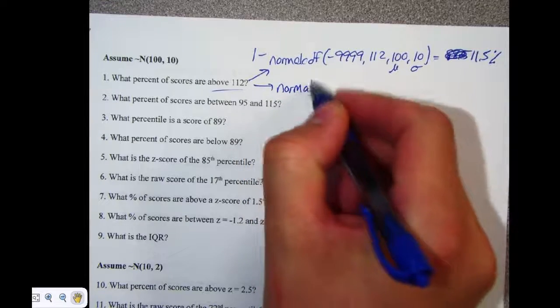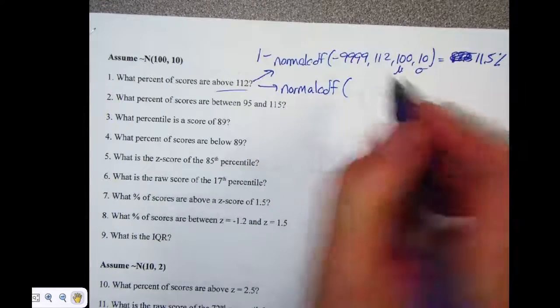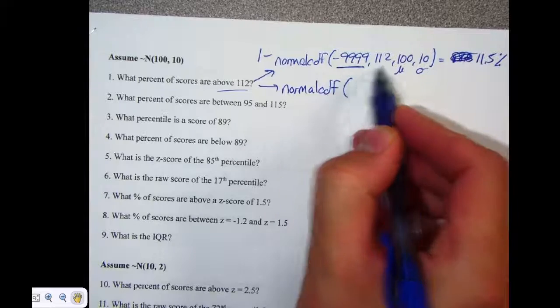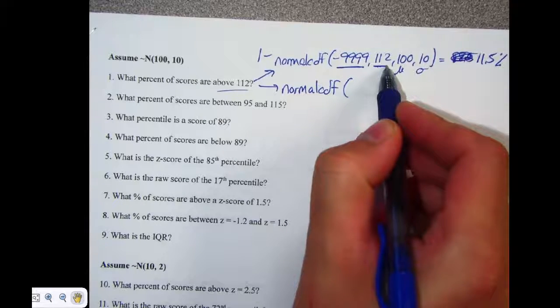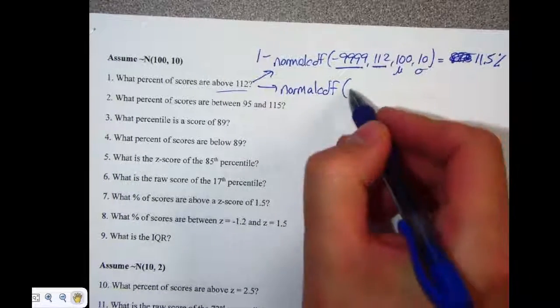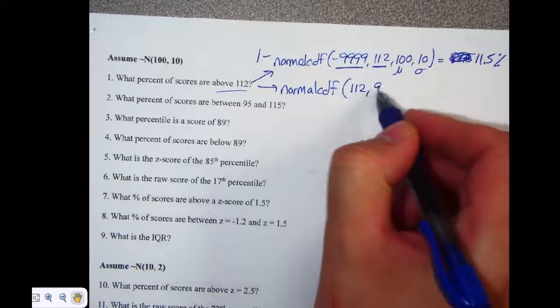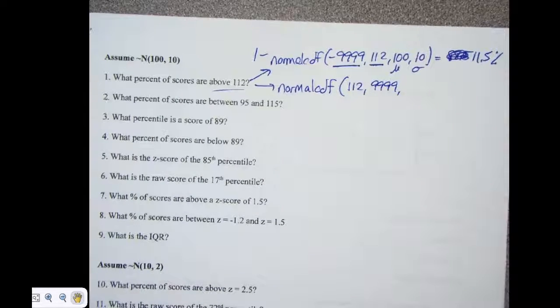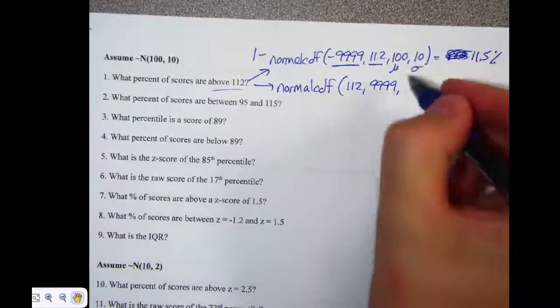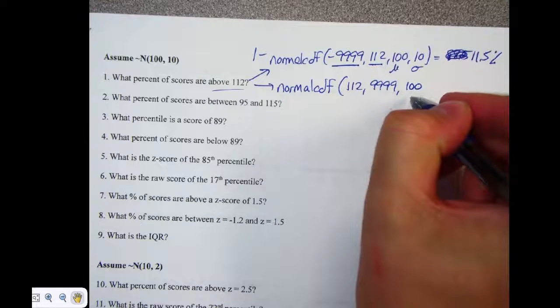All the calculator cares about is that the lower number goes first and the higher number goes second. So you could say, I want to look between 112 and positive infinity. Instead of saying from the very bottom up to 112, I'm going to say from 112 up to the very top. Then tell the calculator the mean and standard deviation.